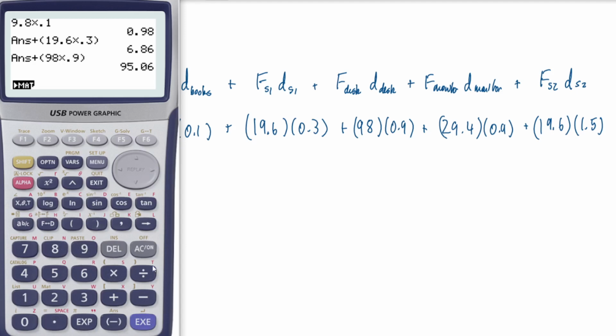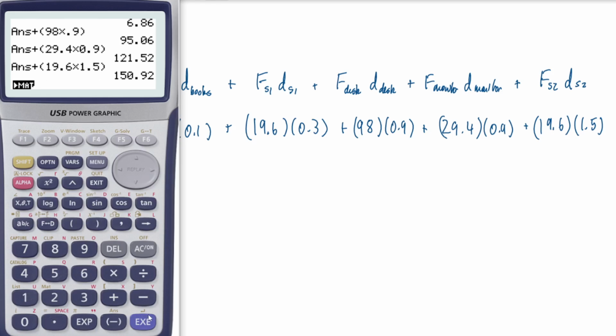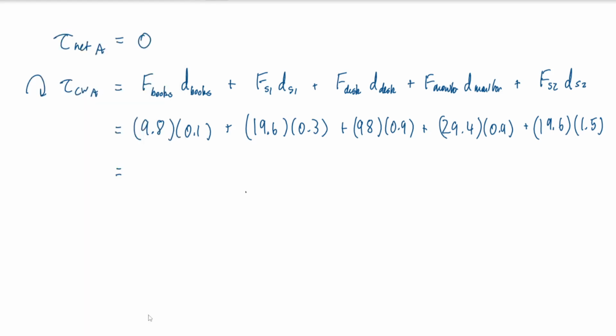Next was 29.4 times 0.9. And finally was 19.6 again, but this time 1.5 meters. 150.92. And units for torque, force times distance, newtons times meters. So that is our clockwise torque about point A.